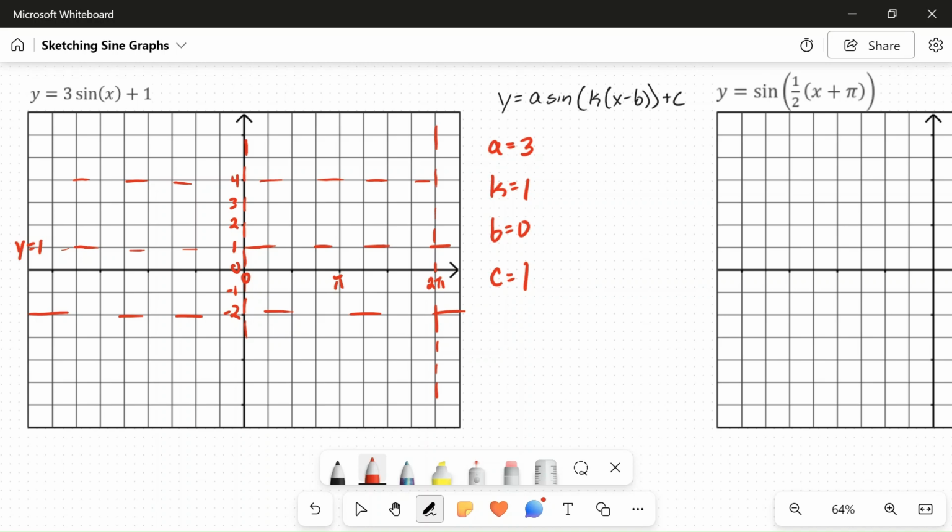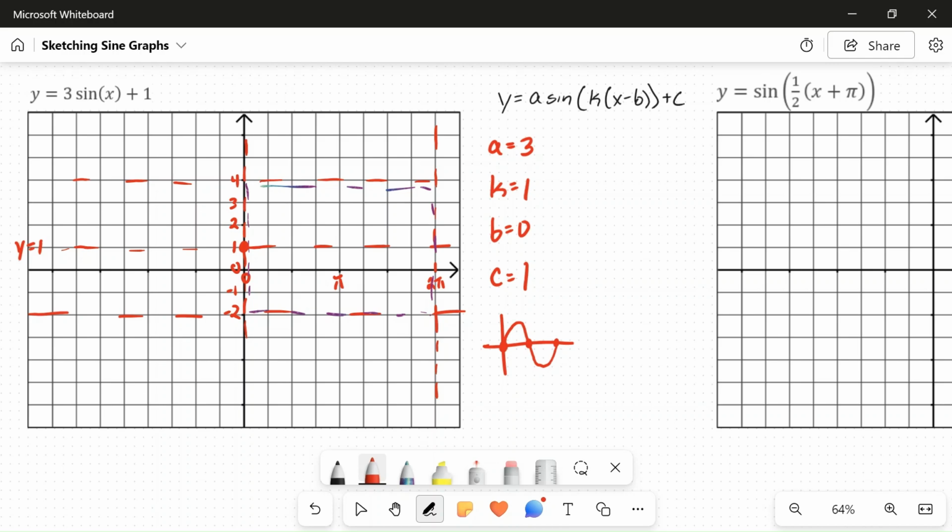If we remember our standard sine graph, it starts at the midline, goes up to the maximum, down through the midline again to the bottom, and then back up to the midline. I'm going to draw that same thing here. It starts on the left edge of this big rectangle, on the midline, so right here at the point (0, 1).